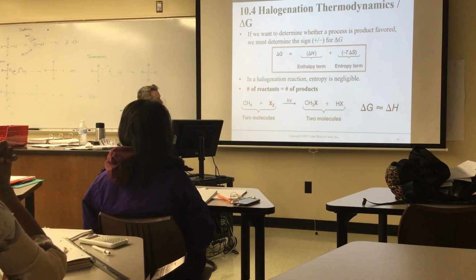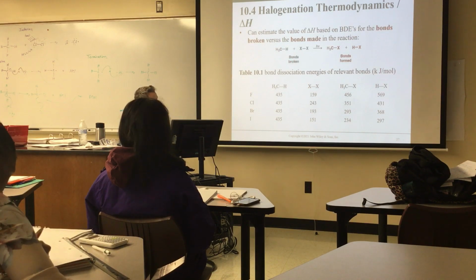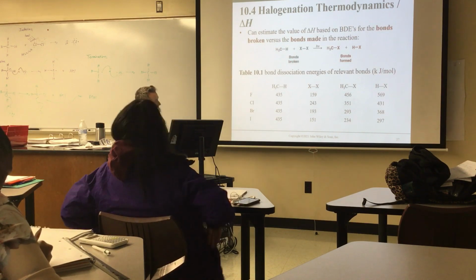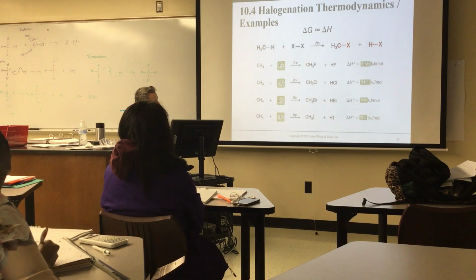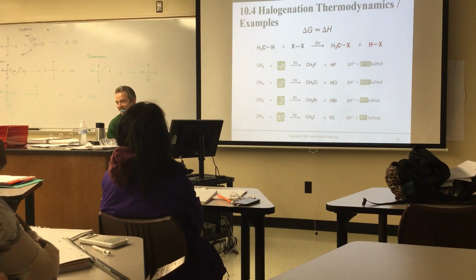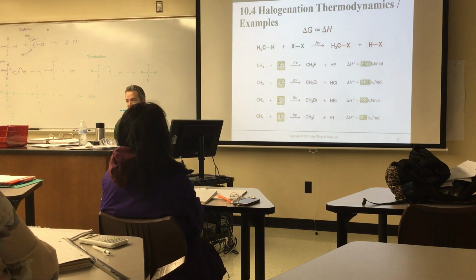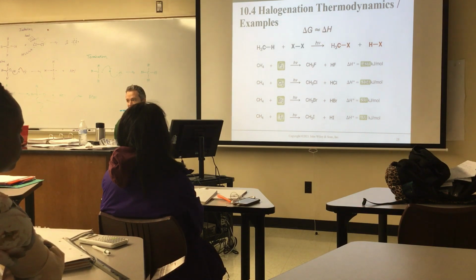We're not going to go into great detail on this, but I do want to show you some numbers associated with halogenation. Look at fluorination. Look at delta H: negative 431 kilojoules per mole. But what's interesting is when you get all the way down to iodine, it's endergonic, endothermic.